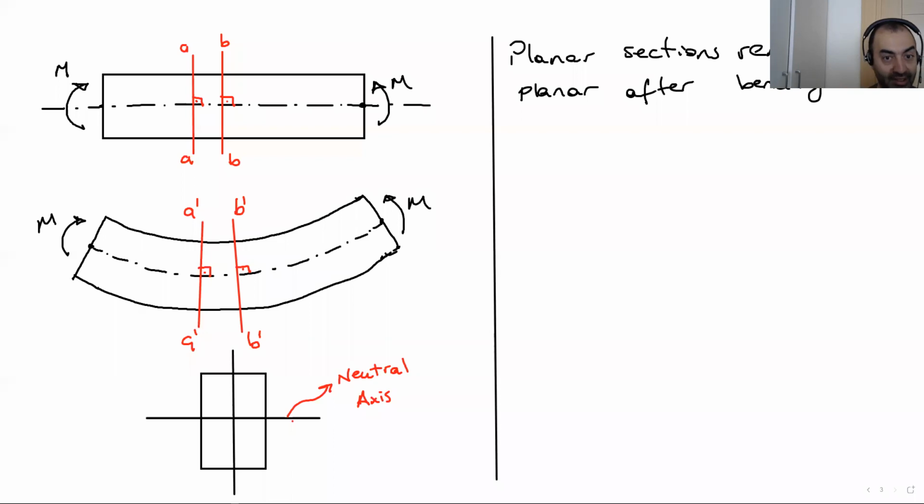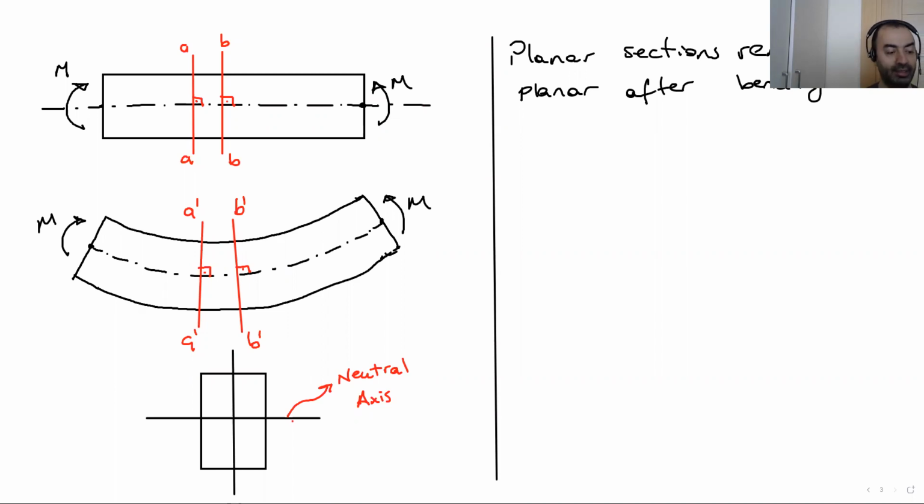But if we don't make this assumption, it's not easy to define the bending effect on the section by hand calculation, or we have to solve many mathematical equations. This is the basic assumption and it helps us to solve the problems. We know this assumption is safe at the end of the day, so we follow these assumptions in our calculations.